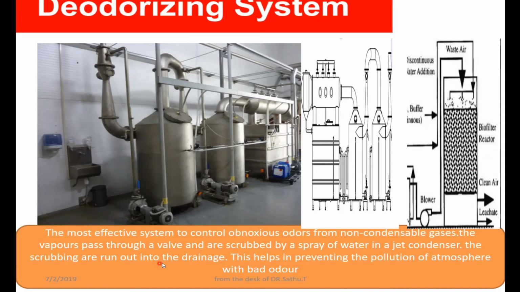The scrubbings run out into the drainage and are collected, so we can reduce the bad odors coming out. The latest technology is the biofilter reactors: the gases coming out will be sent to the biofilter reactors, and the clean air will be exhausted.